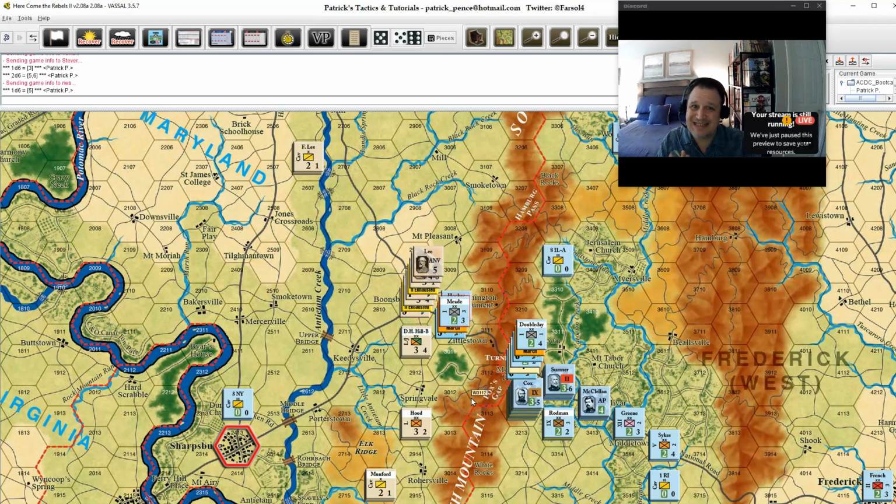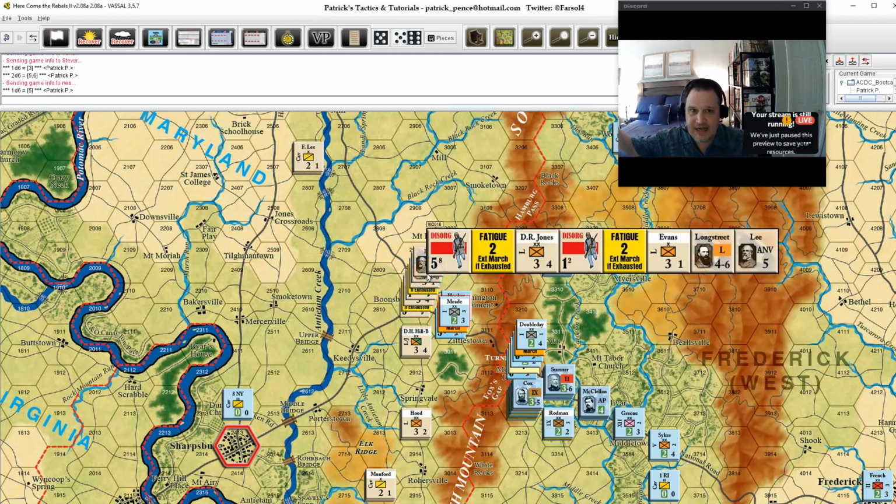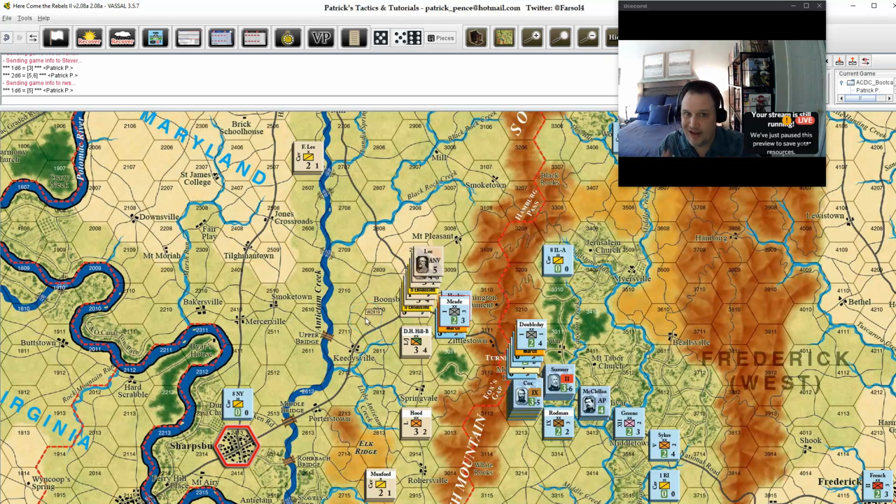So that +1 doesn't help us very much because we're still going to take a negative on the artillery. So what we want to do is send a courier over to Lee and ask him if he will grant us the capability of a grand assault. So I need to check with Lee to see if I can actually bring in Hill. That's the grand assault. Now again, works the same way. If I roll a 6, it's just flat denied.